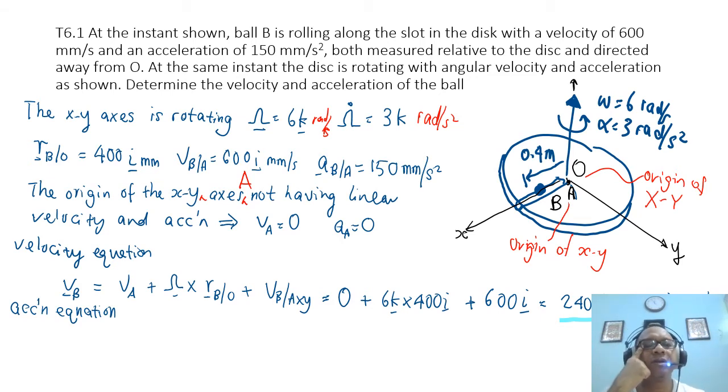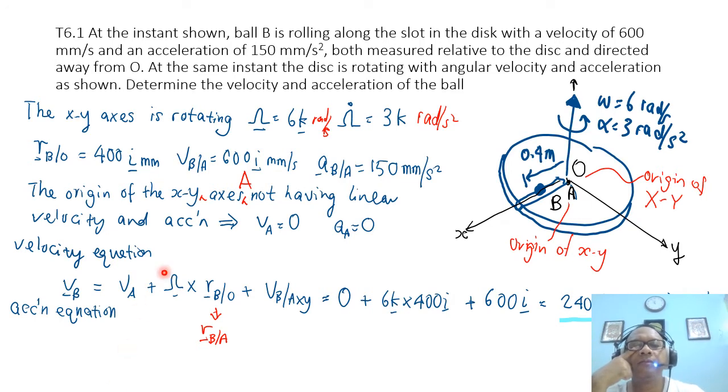Remember our equation? So we can write down the velocity equation. VB equals VA plus omega cross position vector B relative to O. This can be written also as position vector B relative to A, similar.